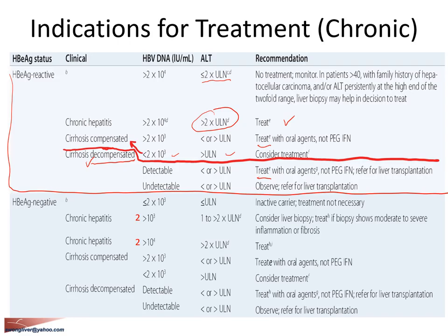This is in contrast to your chronic viral hepatitis, where you really need high ALT levels before you start treatment. So if you look at the trend here, the worse the liver function, the lower your threshold will be in terms of starting treatment.